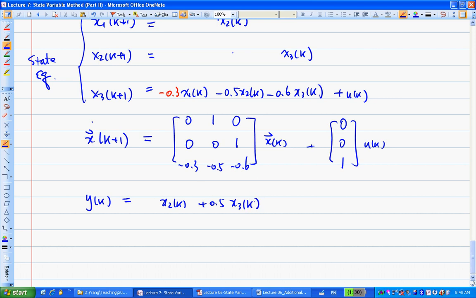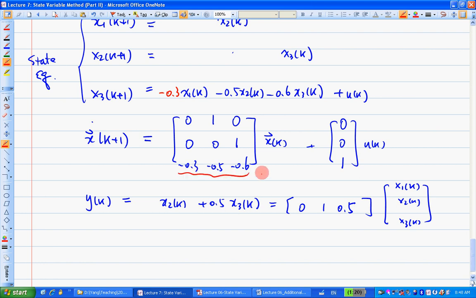And in matrix format, the coefficients for x1 of k, x2 of k and x3 of k are 0, 1, 0.5. So that's the state space model based on that pulse transfer function.